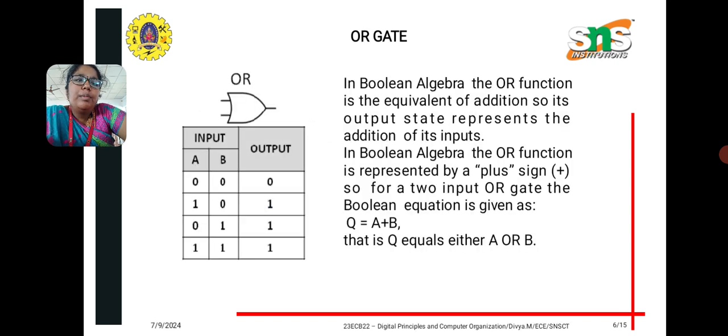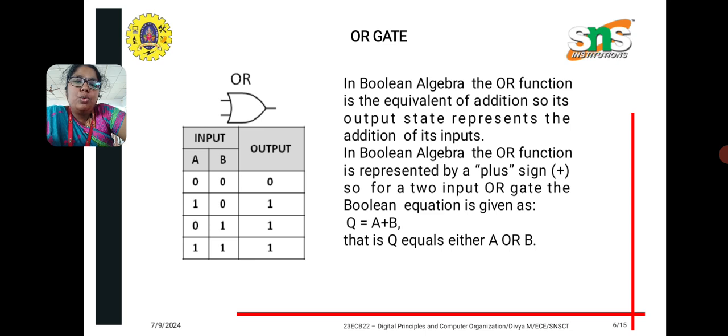For the OR gate, in Boolean algebra, the OR function is equivalent to addition, so its output state represents the addition of its inputs. The OR function is represented by a plus sign. For a two-input OR gate, the Boolean equation is Q equals A plus B, that is, Q equals either A or B. This is the symbol for the OR gate.